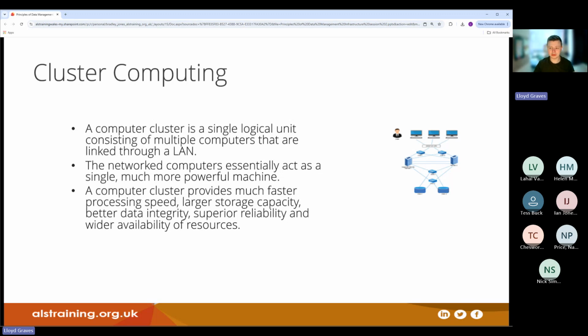So computer clusters, when I say tasks that need really high levels of processing, it's typically things like really large machine learning algorithms, big AI models, different simulations and things like that. I've seen computer clusters used in the aerospace industry for simulating different events.